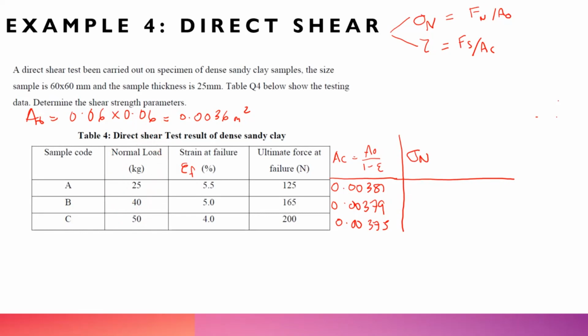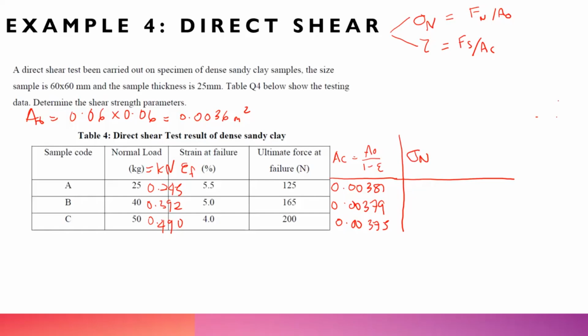Once you change it, I found out that 25 kg is equal to 0.25 kilonewton, 40 kg is equal to 0.392 kilonewton, and 50 kg is equal to 0.490. Okay, it's about that value.